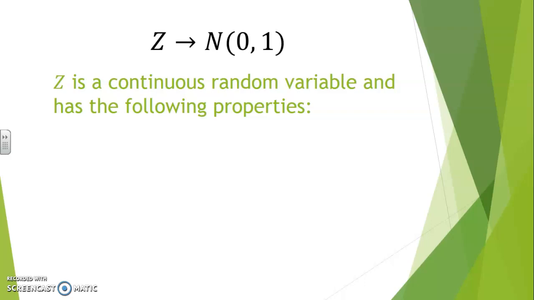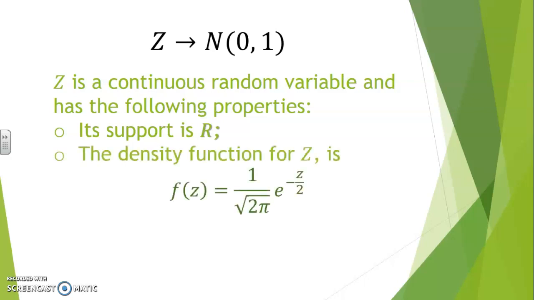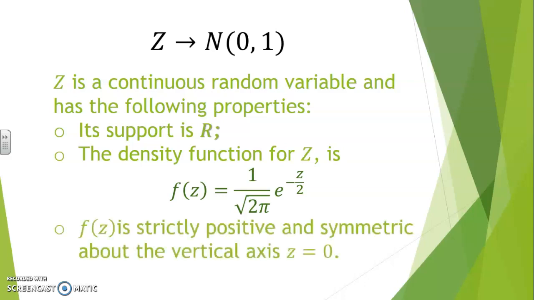has the following properties. Its support, or its domain, is all real numbers. The density function for variable Z can be expressed as 1 over root 2 pi, e to the minus z squared over 2. f of z is strictly positive and is symmetric about the vertical axis z equals 0.